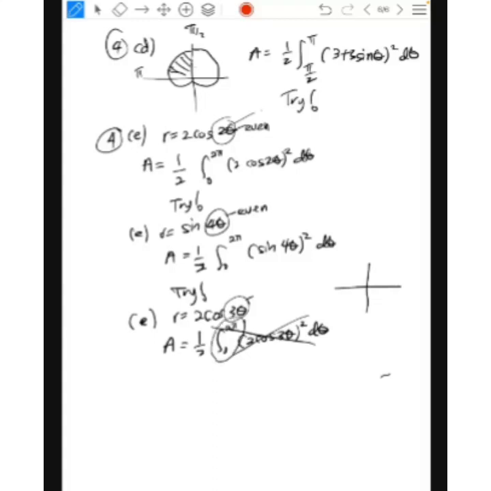Okay, so how to do this odd question? Like what I showed just now. You have to find the angle for one petal first and then multiply by the number of petals. For example like this, there should be 3 petals.